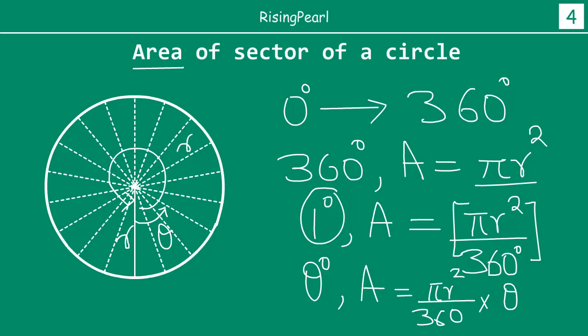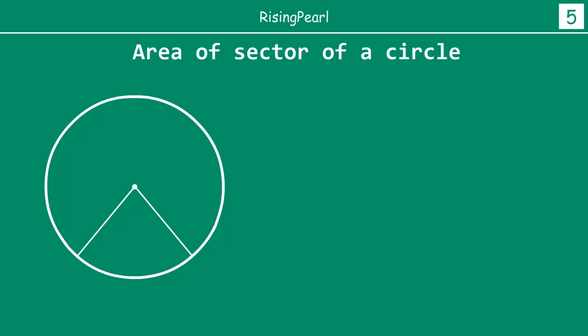So in other words, friends, let's clean this up. If I draw a sector, I start here, and say this angle subtended by this arc at the center is theta.